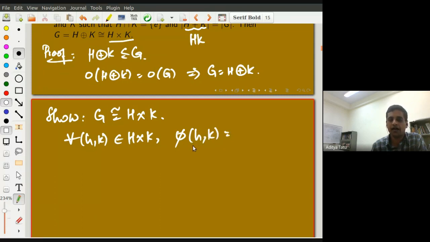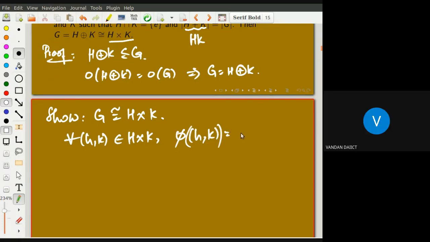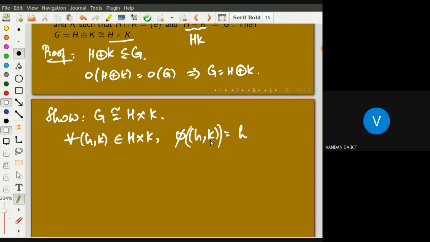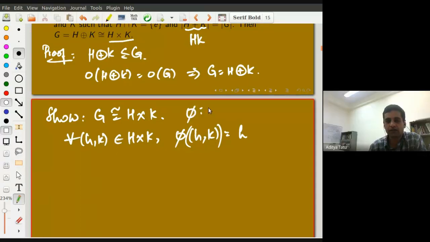Where should phi, the isomorphism, map (H, K)? These H and K are elements. So I'm trying to find an isomorphism from H cross K to G, H plus K, or HK, using our usual notation. Right.